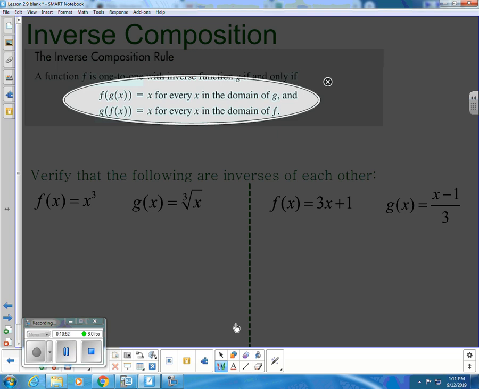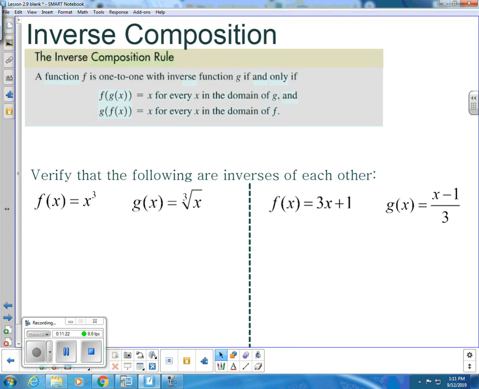So both composites, both ways, have to shrink down to an x. So when you do the composite, it should equal x at the end. Both f of g and g of f should equal x. If it doesn't, then they're not inverses. So we are verifying that two given functions are actually inverses of each other. Okay? So f of g and g of f both equal x.